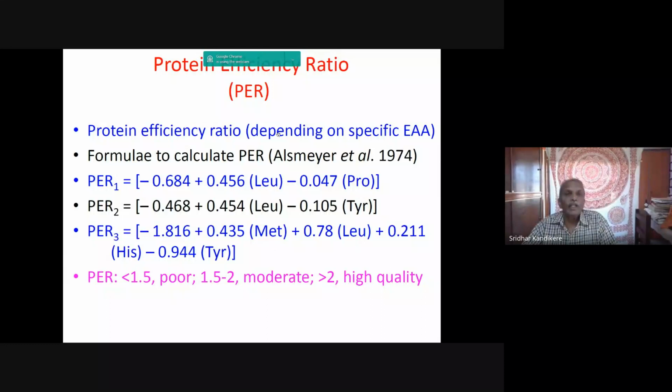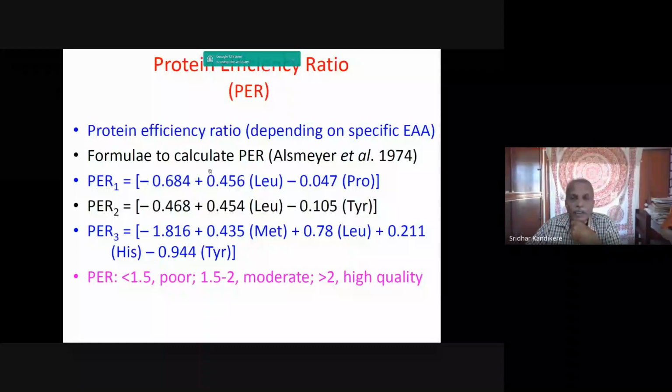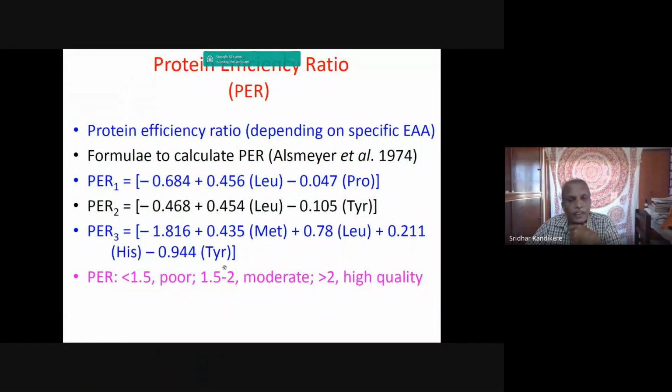Another parameter is protein efficiency ratio, referred to as PER, which can be calculated by various means. That is protein efficiency ratio depending upon the specific essential amino acid again. And there are 3 formulas, PER1, 2, and 3. One can utilize the formula and find out whether PER is less than 1.5, which is referred to as a poor food material. Those having a protein efficiency ratio of 1.5 to 2 are moderately good material.